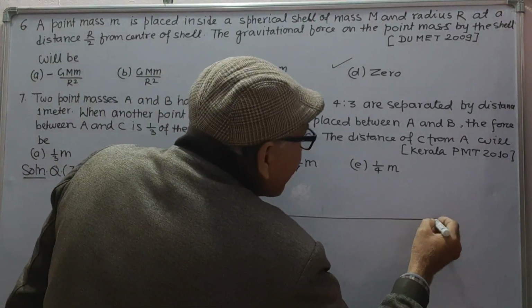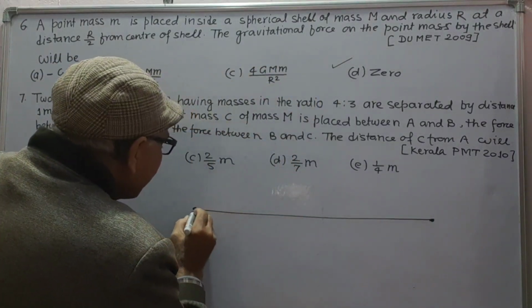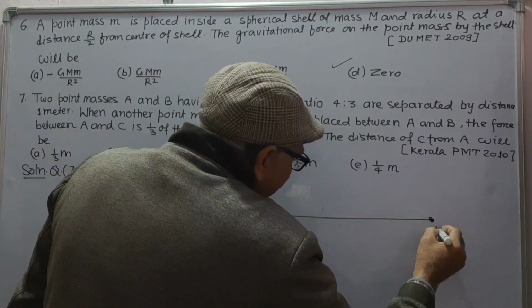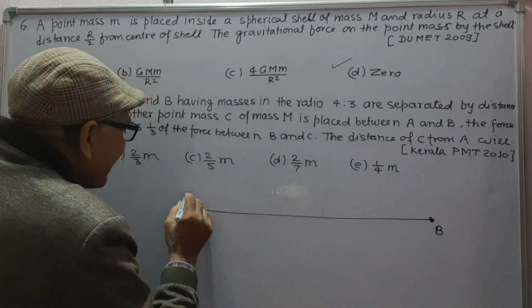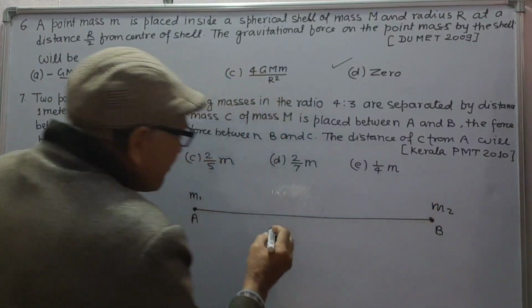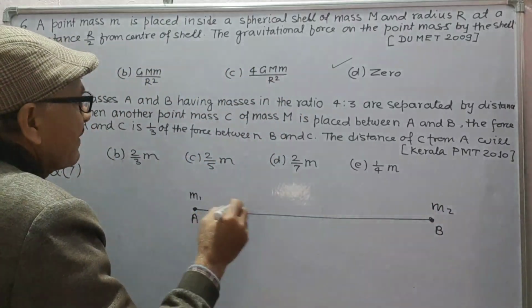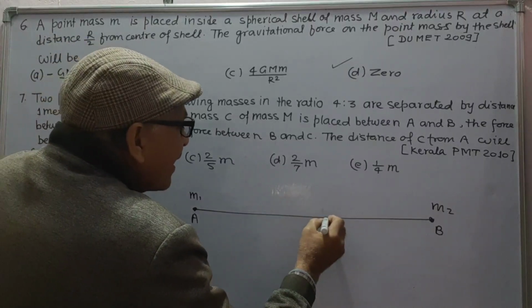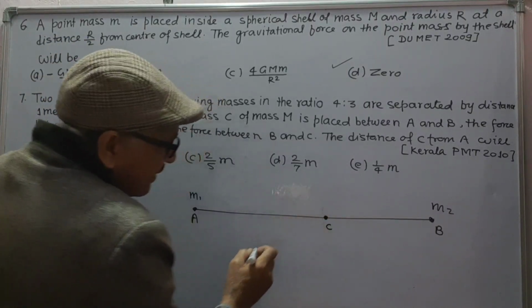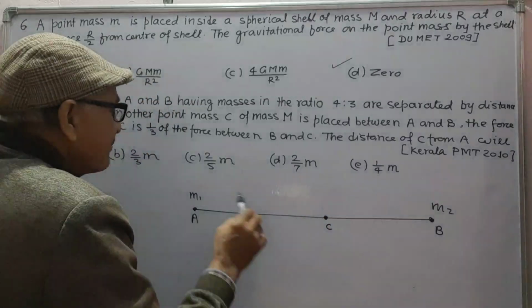Suppose this is point mass A and point mass B. Its mass is m1 and its mass is m2. Another point mass C is placed between them.